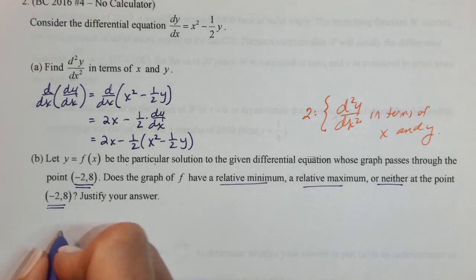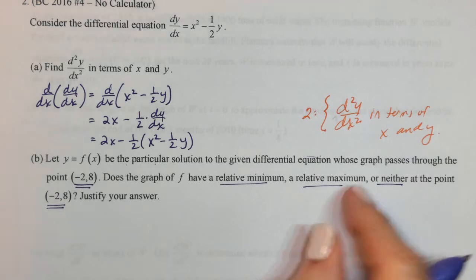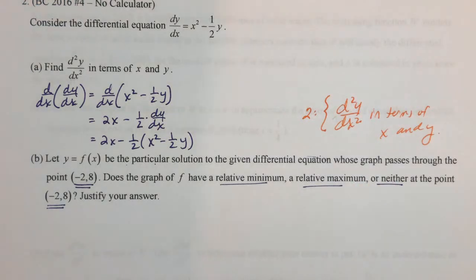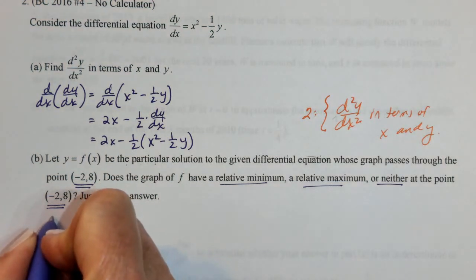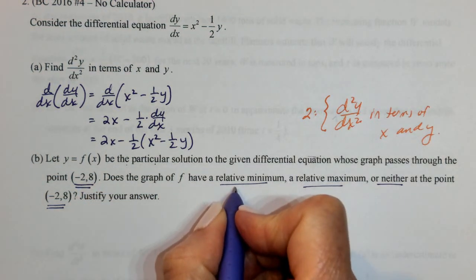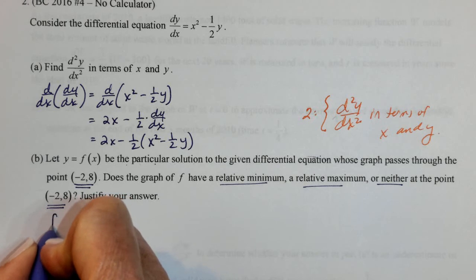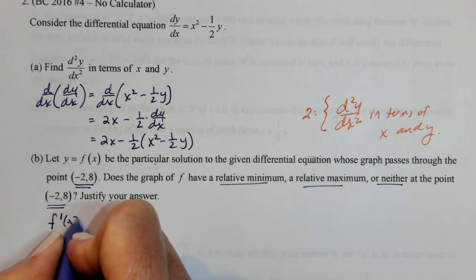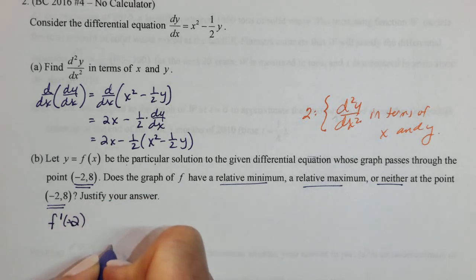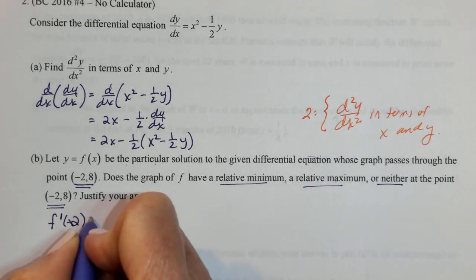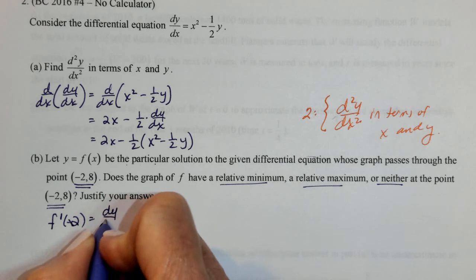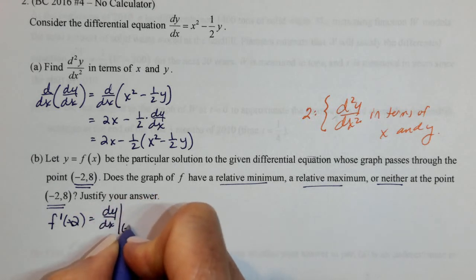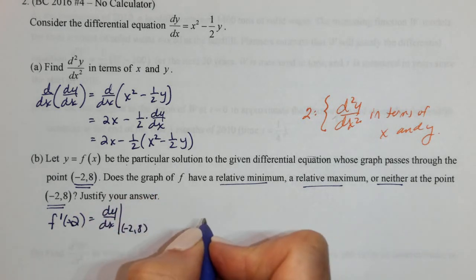All right. Well, my mind shifts back to what we did in function analysis. Relative min, relative max, or neither. I first consider the first derivative. So I'm looking for f prime at negative 2, which is dy dx at my point, negative 2, 8.